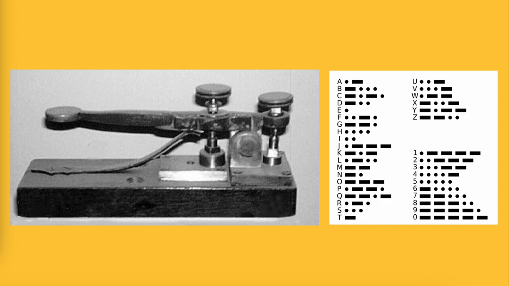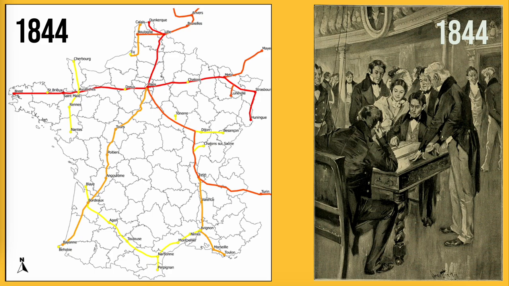Now, this was also enabled by widespread use of the Morse code system, which was invented by Samuel Morse just a few years earlier. And what you see on the right is, in the very same year of 1844, Professor Morse actually sent the first long-distance message via electrical telegraph.